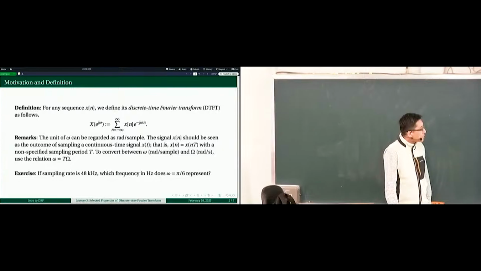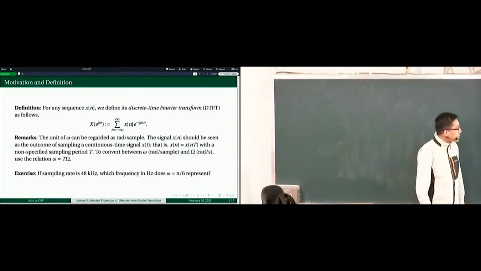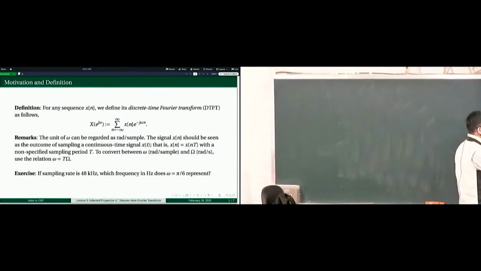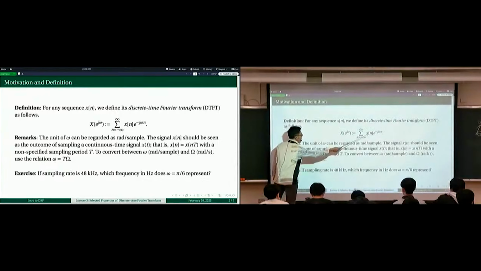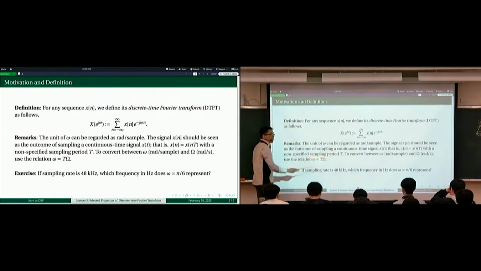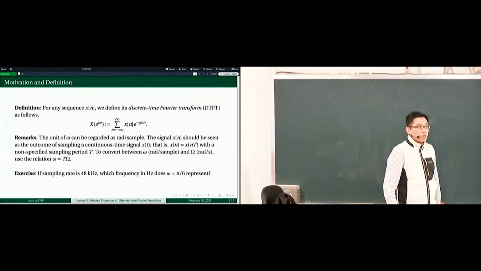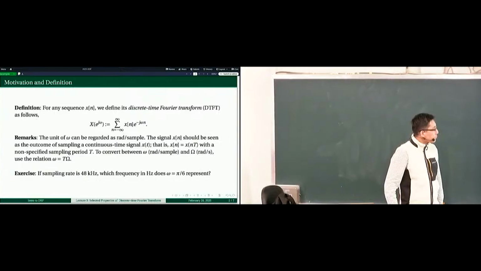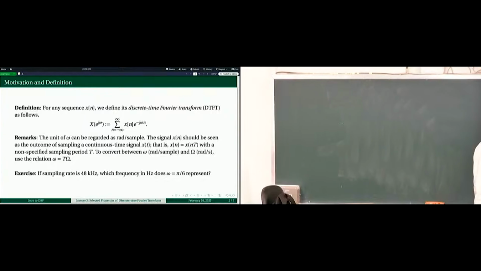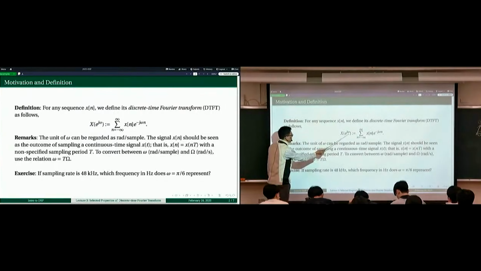We stick to the same convention: small x in time, big X in frequency. We go from time to frequency, and this is the definition of the DTFT.